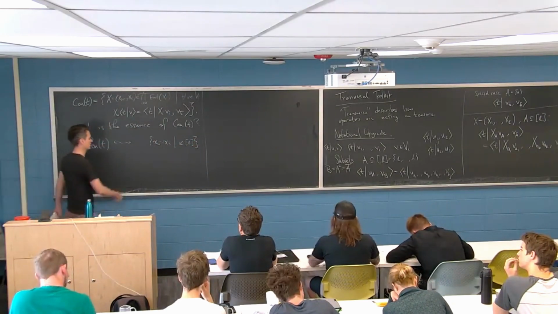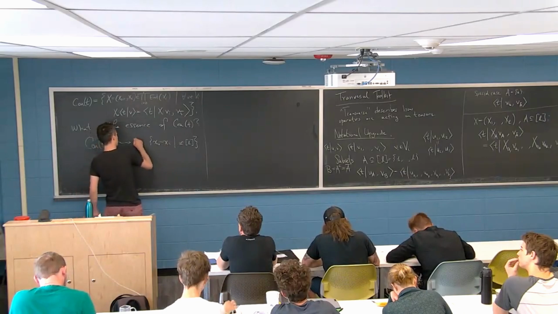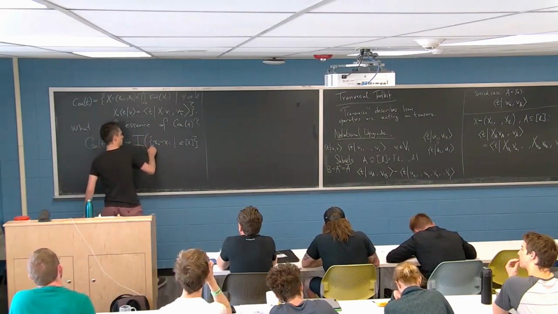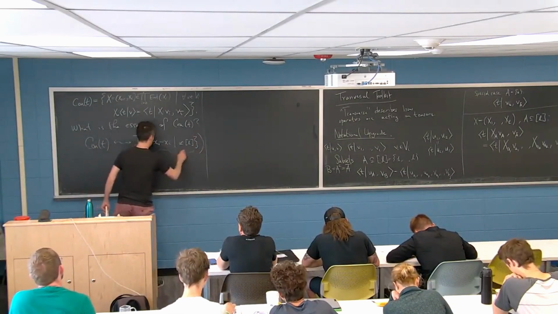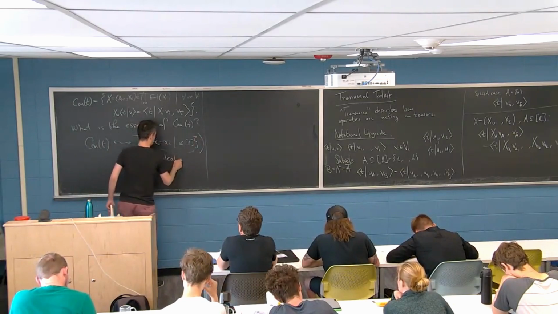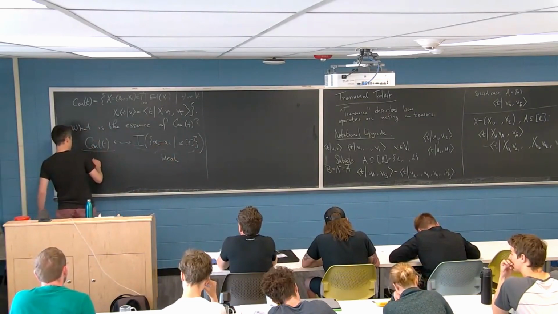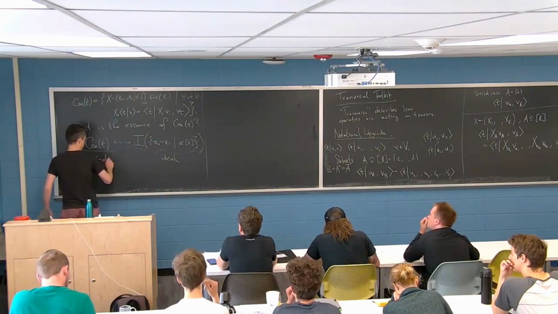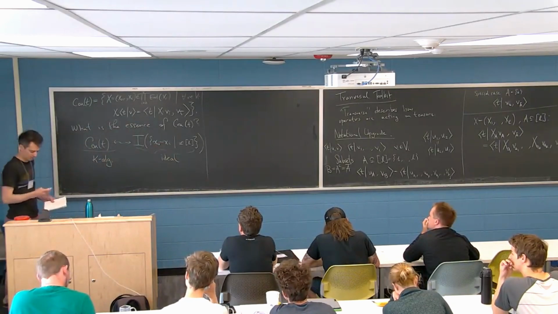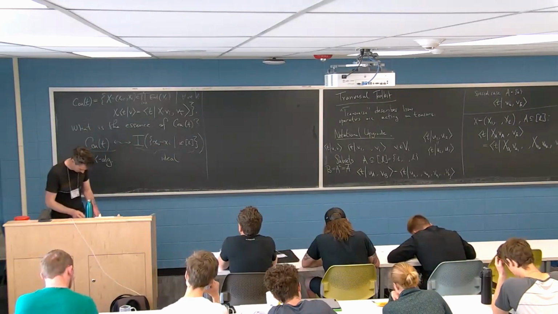Well, I don't care that it's just a set. Actually, I want you to think of the entire ideal. So this is what I mean by ideal, generated by these polynomials here. And then this is, of course, a K algebra. Okay, a bit more than that, but K algebra at least.